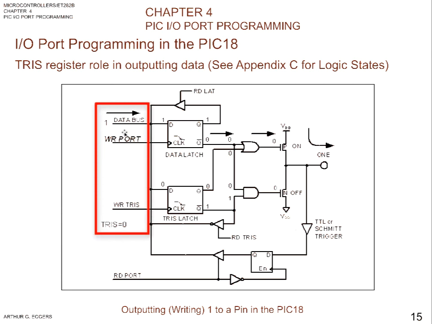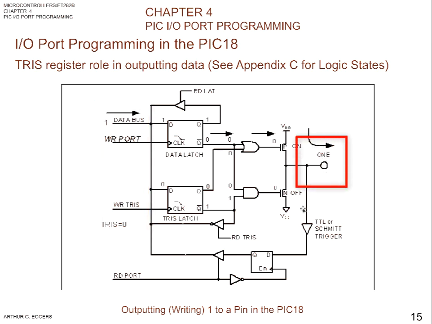Same thing applies here. We've applied a data bus 1 to the latch, the tri-state latch, then the series of logic gates will determine that we do in fact get a 1 at the output. So take some time and look at those diagrams, refamiliarize yourself with some of your digital logic, and prove to yourself that these do actually result in a 0 or a 1 at the pin. So keep this in mind as you are doing any of your programming of the PIC 18.